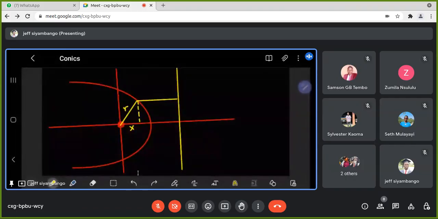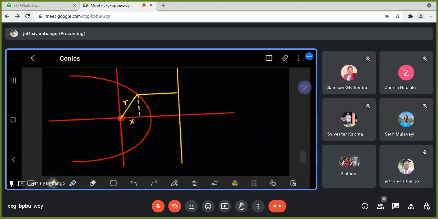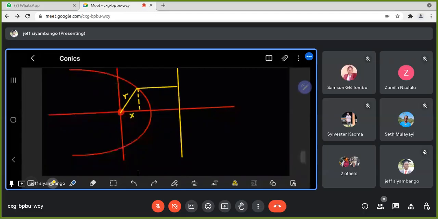But what does the K there represent? Who can tell us what K represents here? What does K represent?